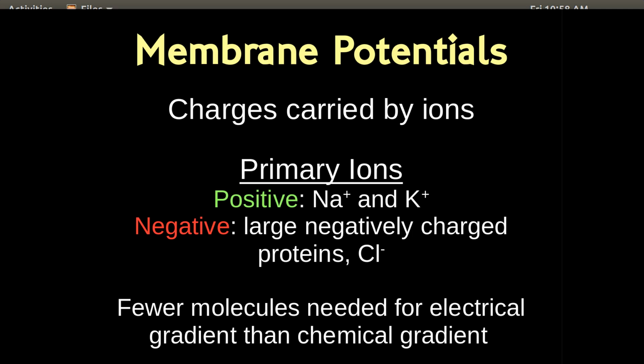In other words, most times when we set up an electrical gradient or a membrane potential on a cell, we cannot detect the change in concentration gradient across that cell membrane that caused that. It is an undetectable change in the concentration gradient.